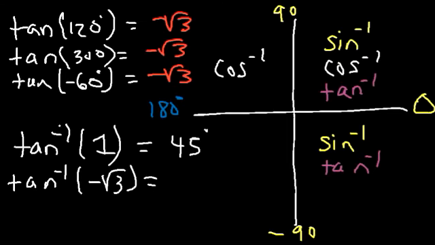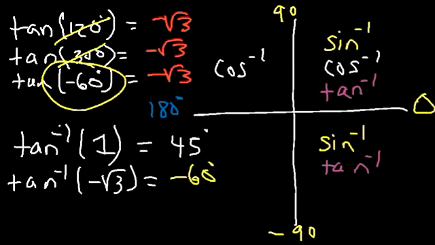So inverse tan is negative in quadrant 4. We can't use 120. Now 300 and negative 60 are in quadrant 4. But we can't use 300 because it's outside of the restricted domain. It has to be between negative 90 and 90. So negative 60 fits the requirements. And so that's the answer.